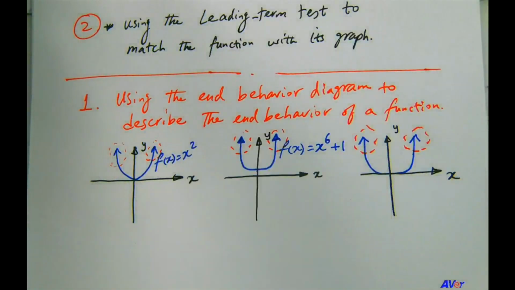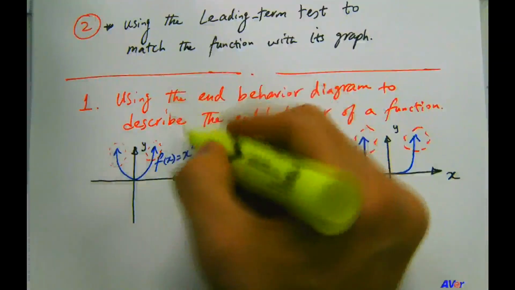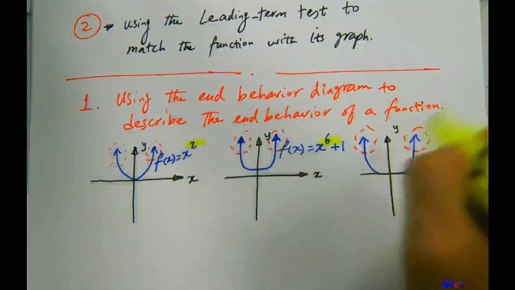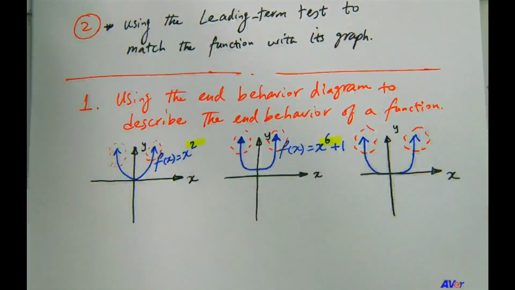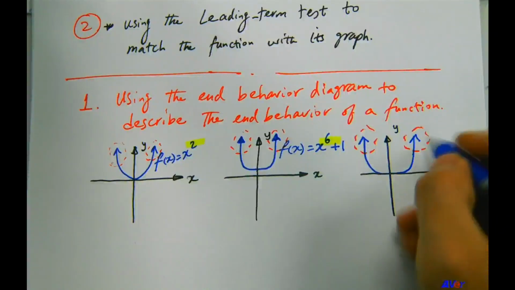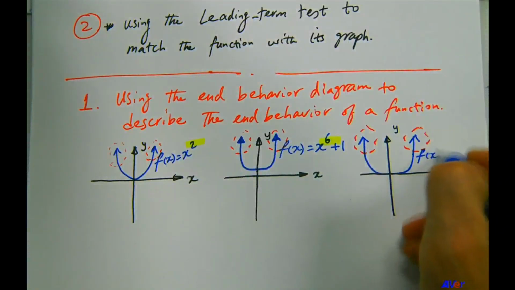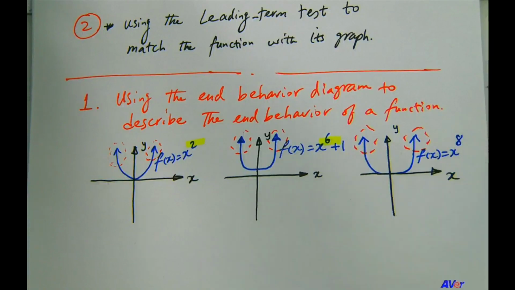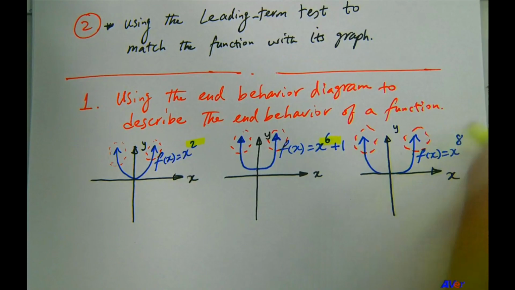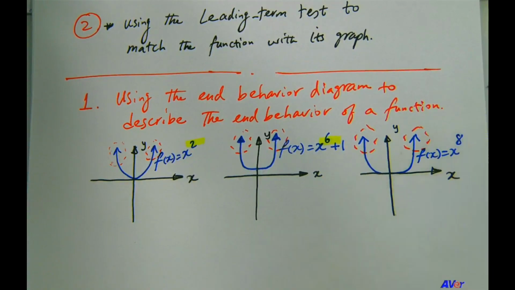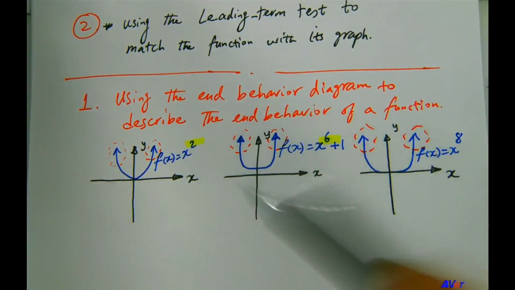So notice the powers, 2, 6, and, I haven't written down this one yet, but say f of x equals x to the 8th power. These powers are all even. So that's what we basically expect to see.